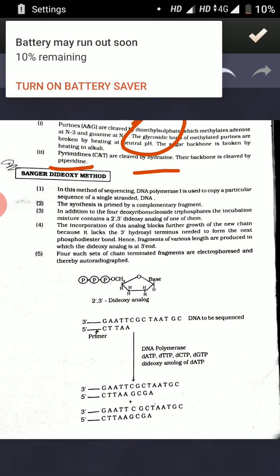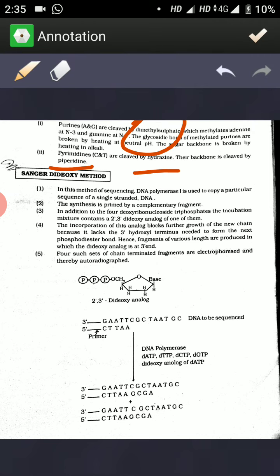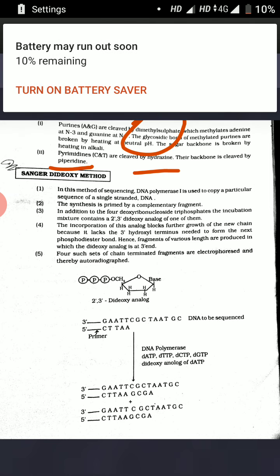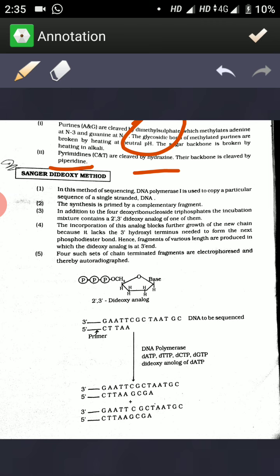The second method is the Sanger dideoxy method. In the Sanger dideoxy sequencing method, DNA polymerase is first used to copy a particular sequence of a single strand DNA.